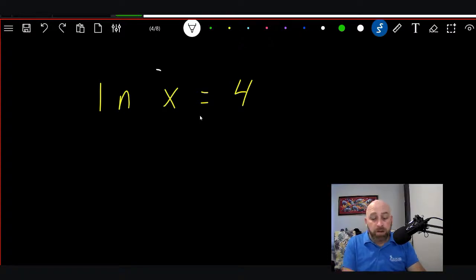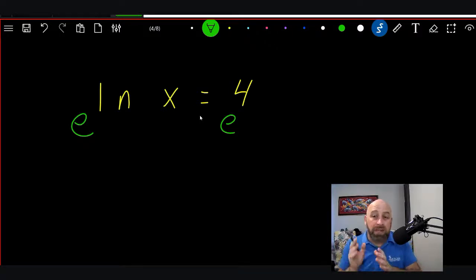Because right now we're dealing with natural log on one side and then just a number on the other side. In other words, we have to get it to be kind of equal on both sides. And the way that we can do that is by raising e to both sides. If we do that, again, we're not changing anything, but we're putting it into the same format on both sides.